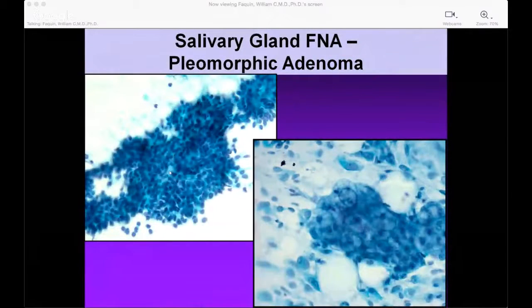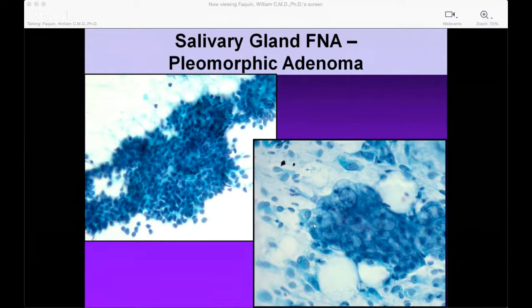In a small subset of cases, however, you might see a pleomorphic adenoma that's very cellular, like the one here on the upper left, that doesn't have much of that characteristic matrix. Or you might see a pleomorphic adenoma such as the one in the lower right that has sebaceous metaplasia going on, or many other types of metaplasia.